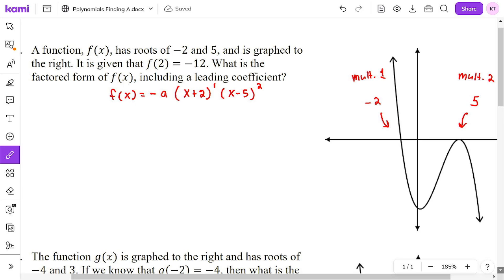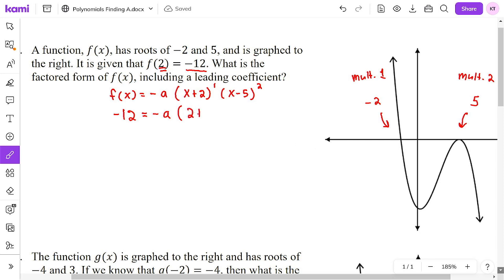Now we're going to use the part where it says that f of 2 is equal to -12, because that gives us a point which we can reference on our polynomial. So I'm going to now set f of x equal to -12, and then have -a times, and I'm going to go ahead now and plug in this 2 in for all of my x values.